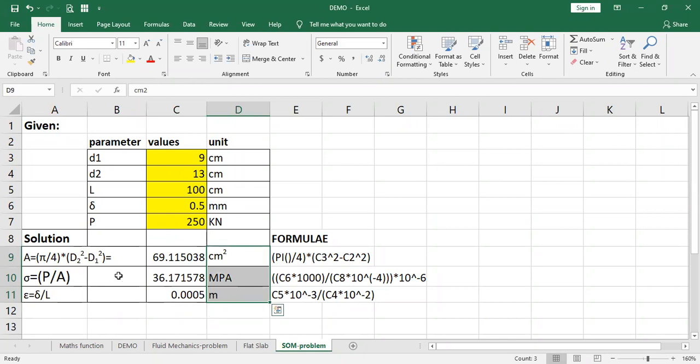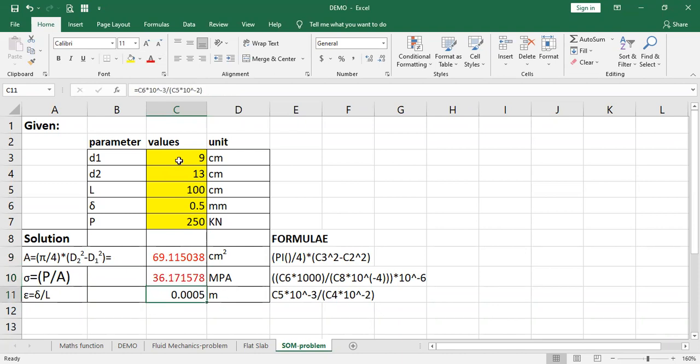So that's the justification. This is the area. You have marked the formula in one cell, and in front of that you have marked what the formula is in terms of cell address. Once you click on that, you can give red color, so that is a solution.